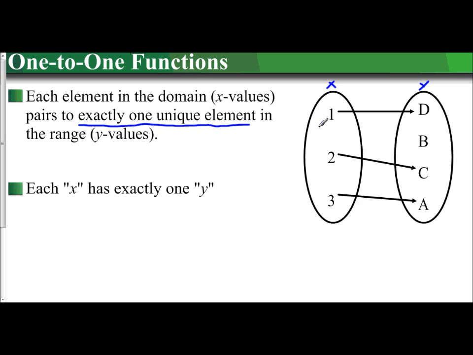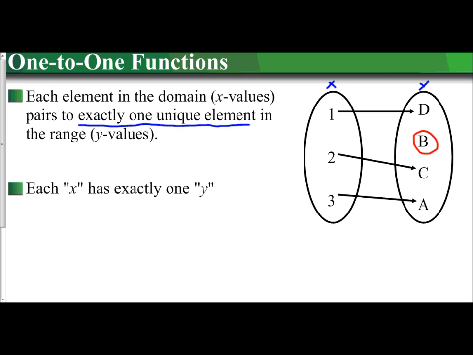If we examine the mapping further, we see, though, that there is a range value, an element in the range, a y value that is all by itself. There is no x attached to it. And this is what is unique about one-to-one functions.